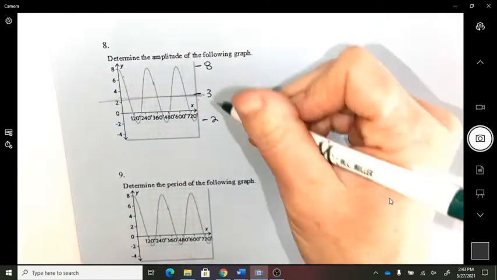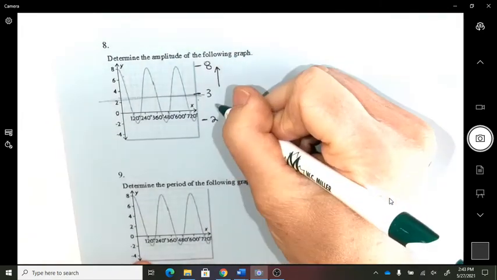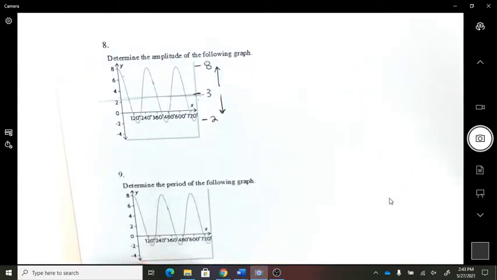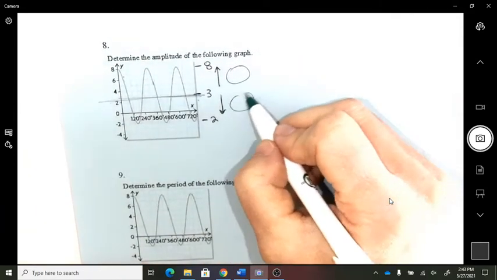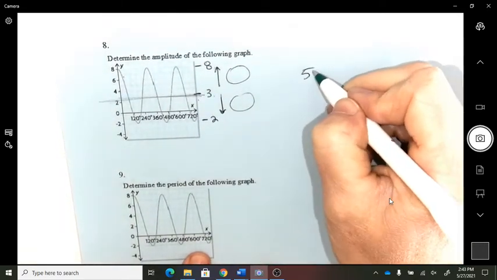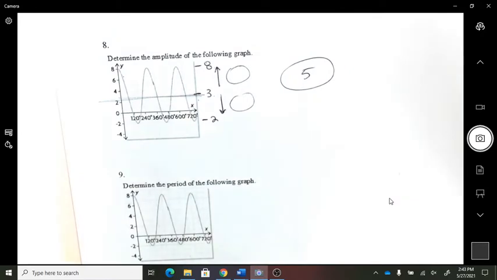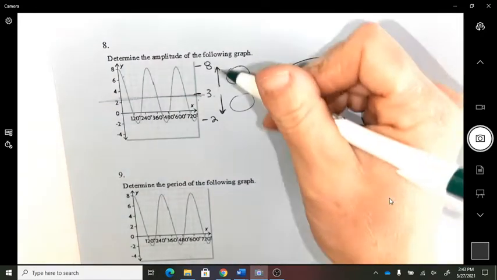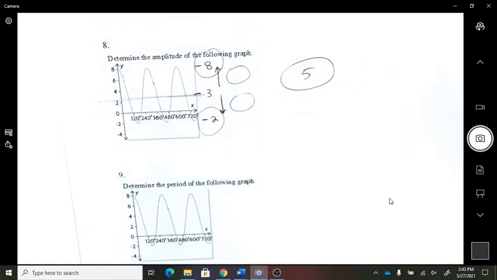Point from the midline to the highest or lowest. How far you're stretching off the midline to the high or the low. So this distance better be the same, right? How much stretch do you have in there? 5. The amplitude is 5. You also know you could have just taken the top and the bottom, which was 10 apart. So therefore you have to be half of that.